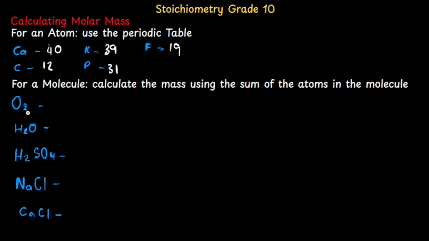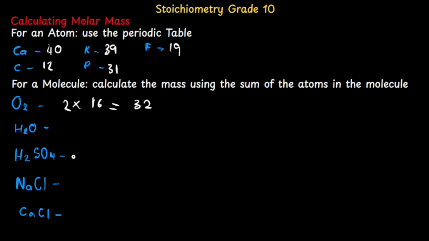So if I am looking at the molecule O2, we can clearly see that we have 2 oxygen atoms in this molecule, right? This single molecule has 2 oxygen atoms. So simply, I would say 2 times the mass of oxygen, and the mass of oxygen is 16. So simply, the mass of an O2 molecule would be 32. Can you guys see that?